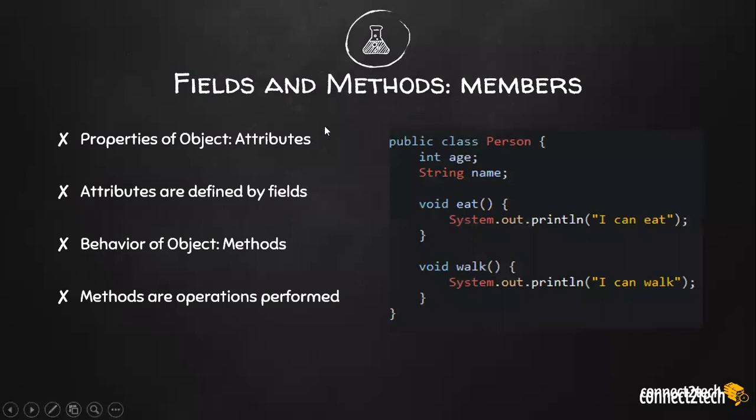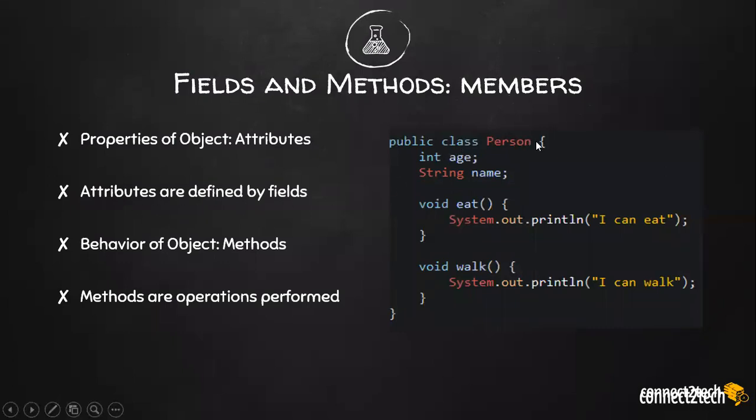Now I'm going to talk about fields and methods. They are also known as members for a given class. Now, as you can see, there are properties of an object. They are known as attributes of a given class. And attributes are defined by fields.